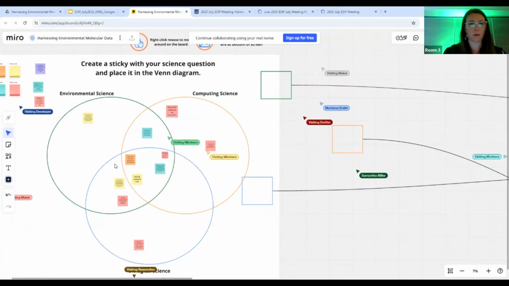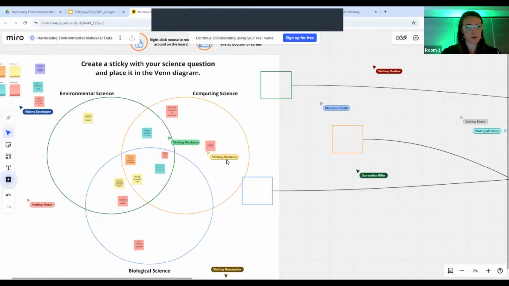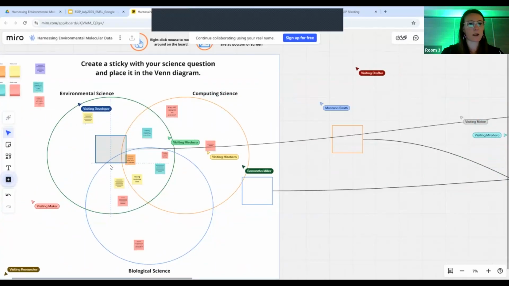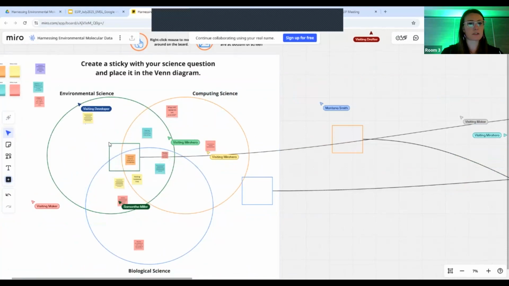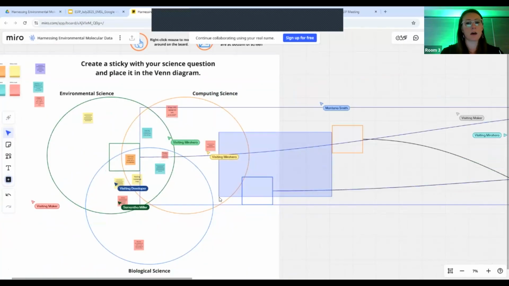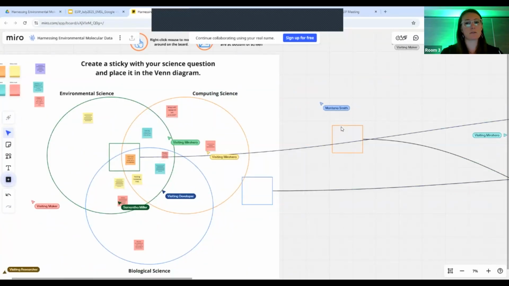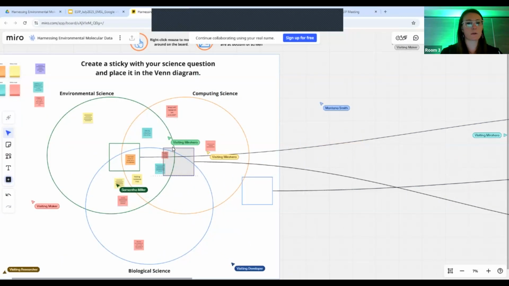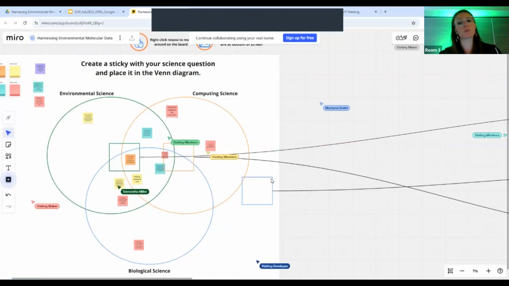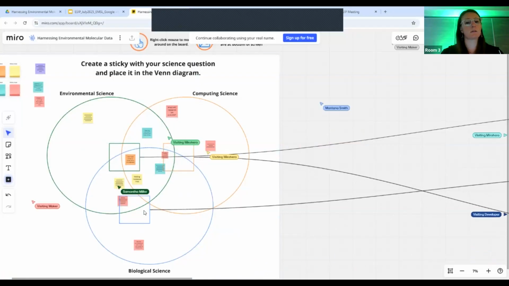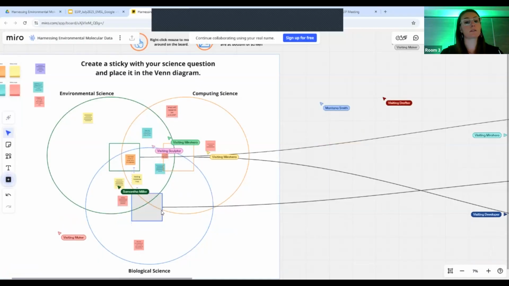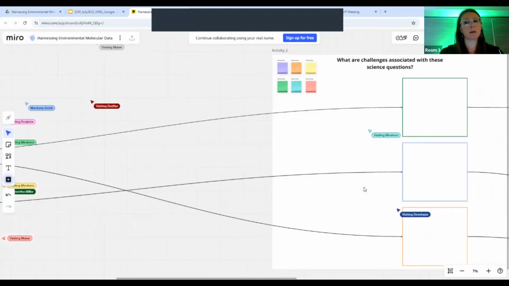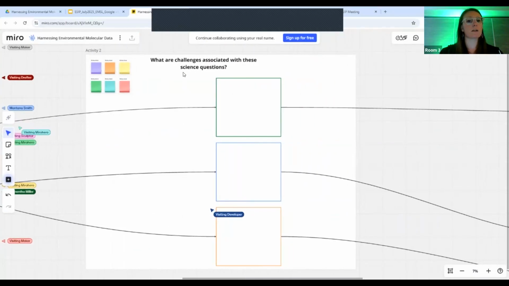Okay, I think I've seen stickies slow down, so I'm going to drop a little square to give you a sense of where the next step might align. If you added a sticky to any of the areas where my little squares are popping up, if you scroll to the right, there is another section here with what are challenges associated with these science questions.